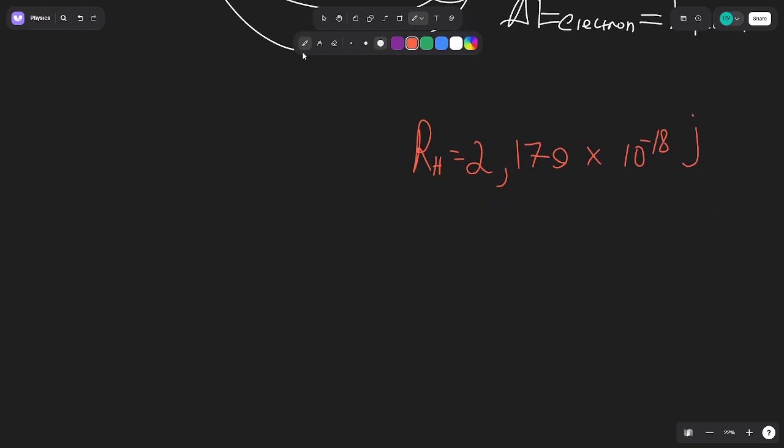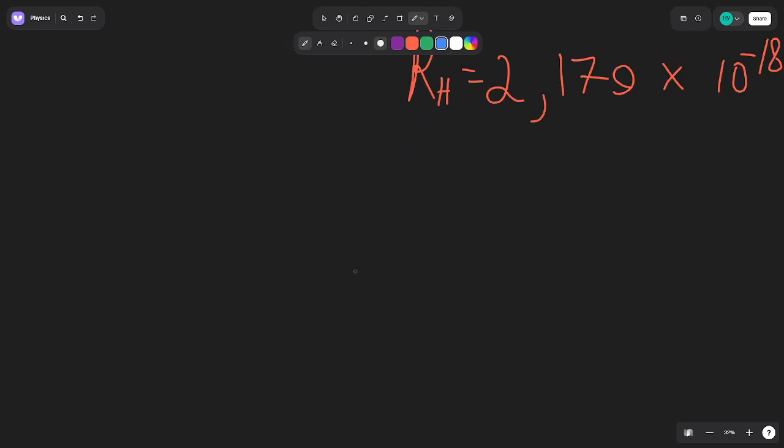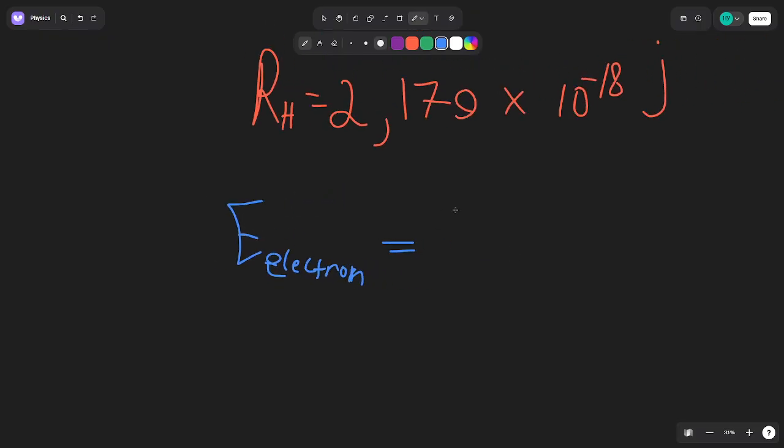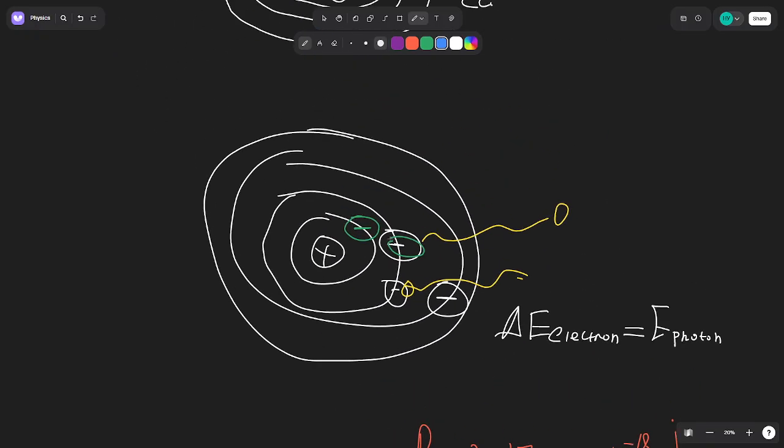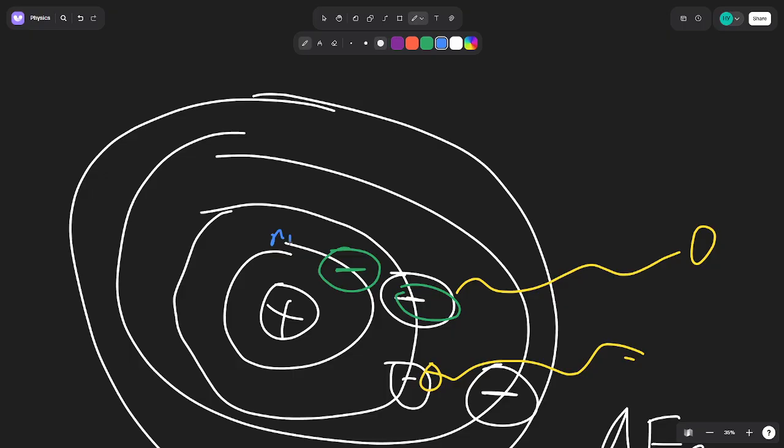And therefore the given equation for it: energy of the electron equals negative RH divided by n squared. n is the number of the stage in the atom, like n1, n2, n3, and so on.